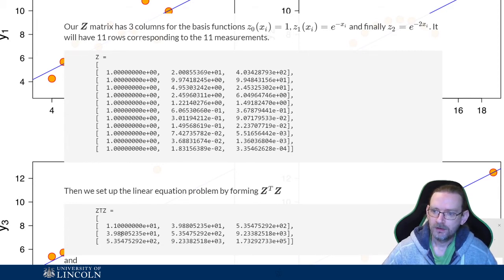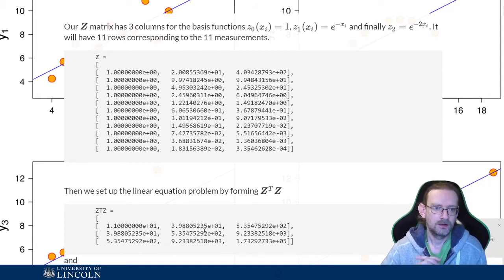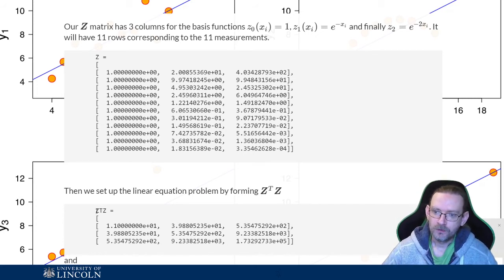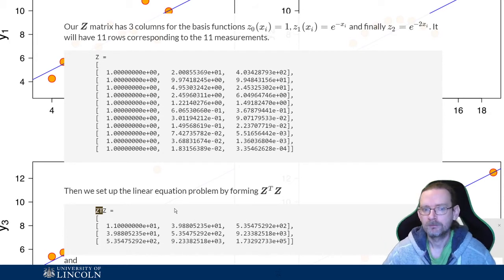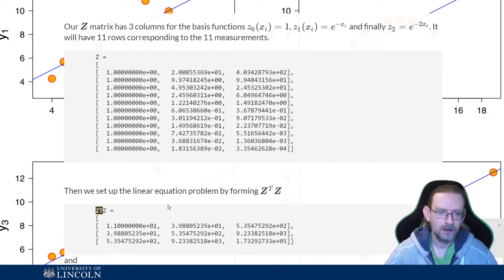Now I can form Z transpose Z. Again, if you're using Eigen or NumPy, it's just a question of using the times operator in Eigen or the dot operator, but you've got to remember to take the transpose of the matrix when you're doing the multiplication. In NumPy there's a dot T, and Eigen has a transpose function. So you don't need to explicitly build both of them.